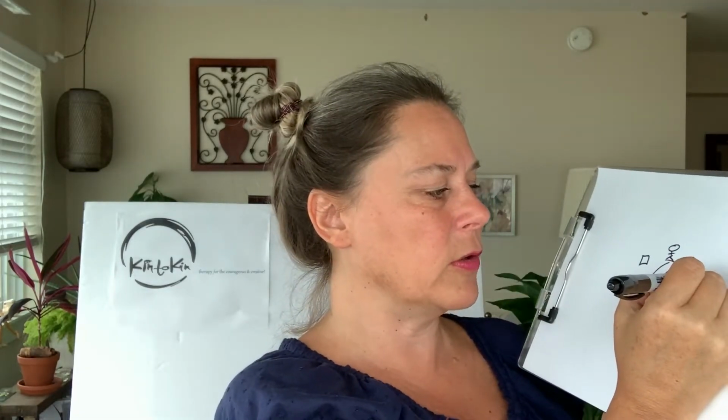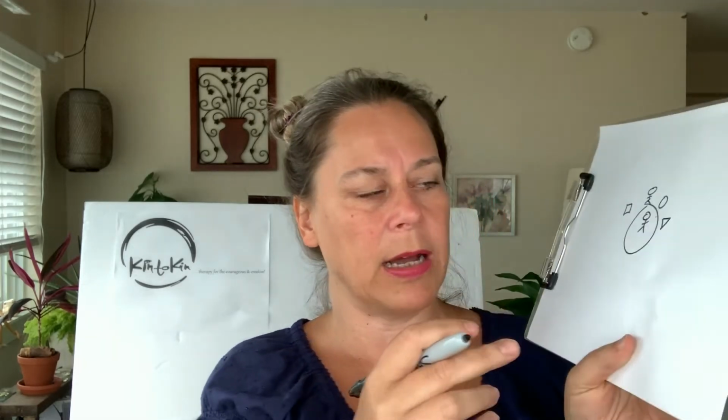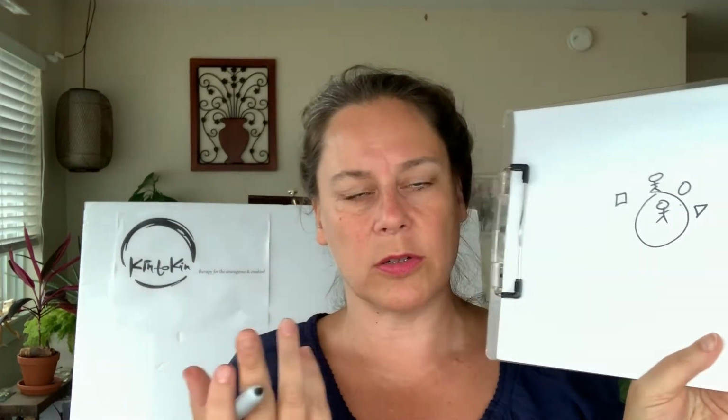If you have somebody that's transgender in your family or bi or anything, you can mark them with a triangle. It's your family mandala, so if you would rather mark it with a star or a moon or a flower, totally do that. You don't have to be stuck on it.